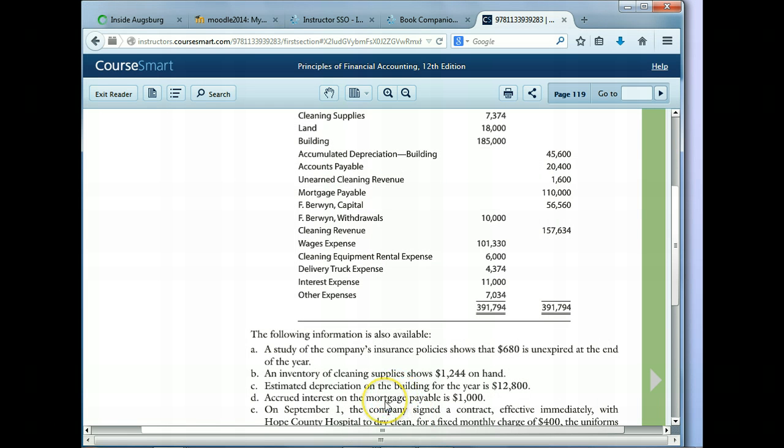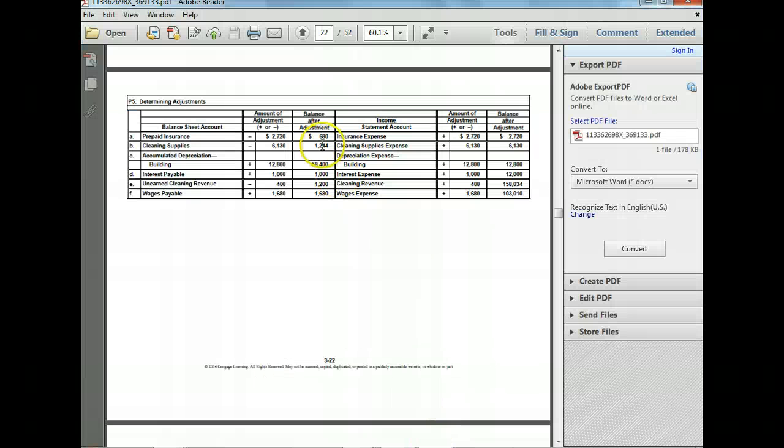Once this is done, our balance after this adjustment will be $6,130 in this account. Next, it tells us that estimated depreciation on the building for the year is $12,800. If we look at the building, we have previously accumulated depreciation of $45,600. So we're going to go back here and see that the account on the balance sheet, which we call a contra account, will be shown as accumulated depreciation on the building.